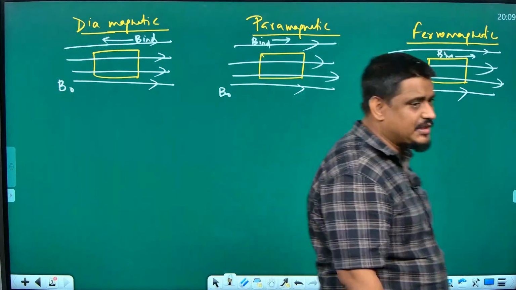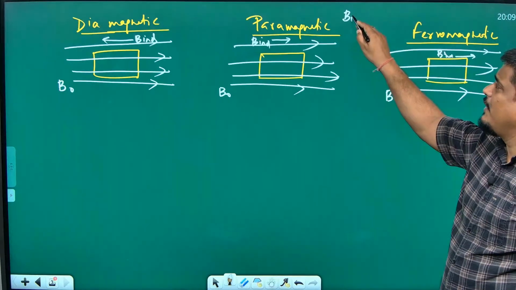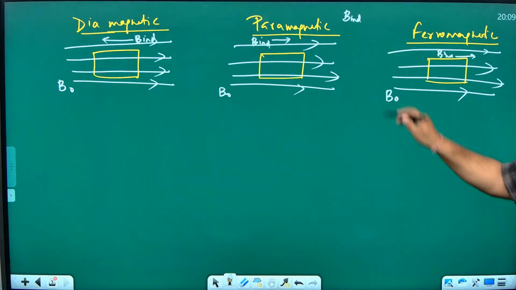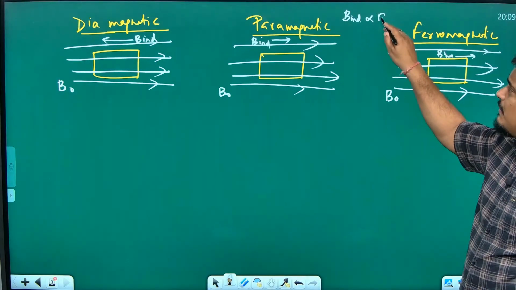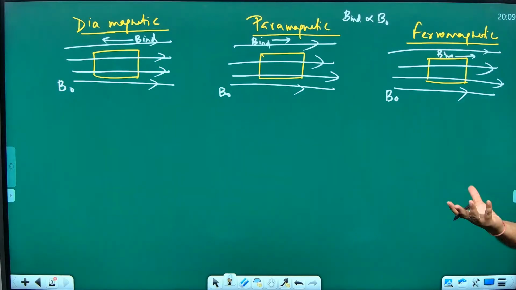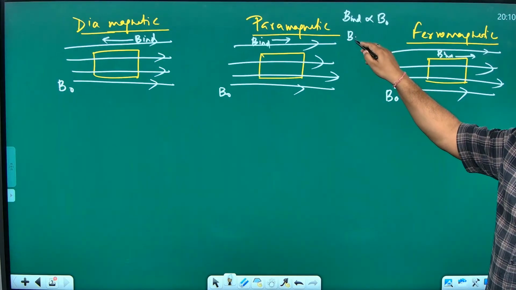But one thing is very clear: how much magnetic field is going to be induced depends upon how much magnetic field is applied. Don't you think so? If you apply a stronger magnetic field, I will have stronger induction of the magnetic field. If I apply a weaker magnetic field, a lesser magnetic field will get induced. If I remove the proportionality sign, I have to add a constant, right?